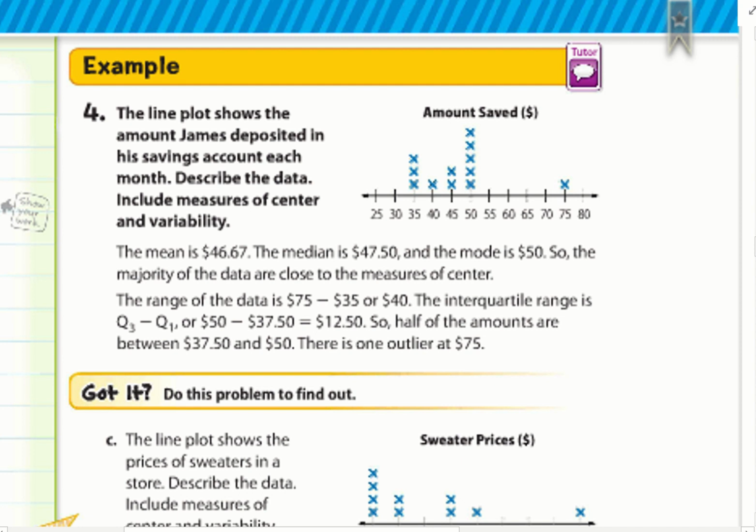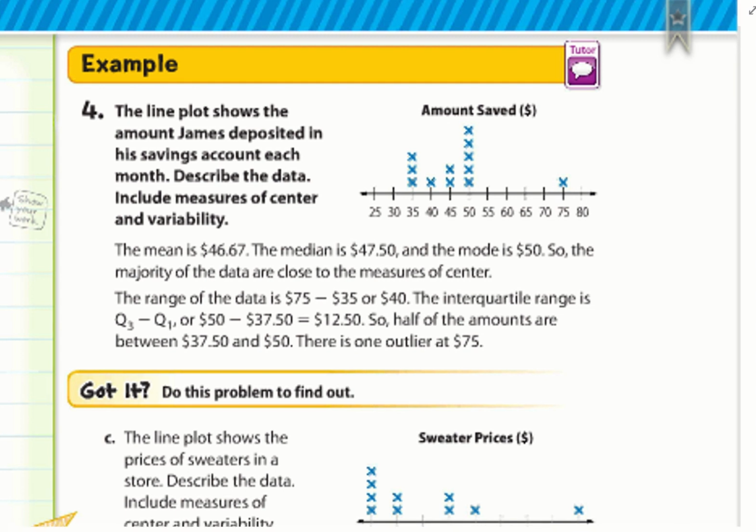For the variability, the range of the data is $75 minus $35, so it's 40. The IQR is Q3 minus Q1, so 50 minus $37.50, and that's $12.50. So half the amounts are between $37.50 and $50. There is one outlier of $75.